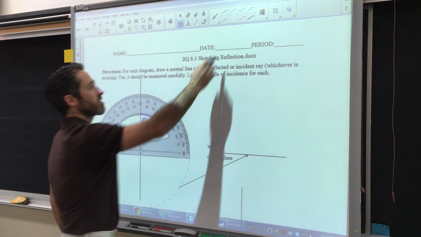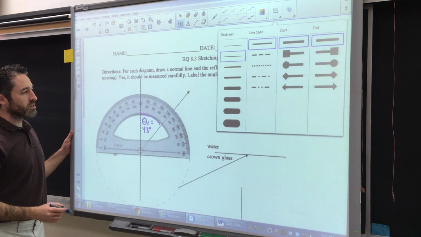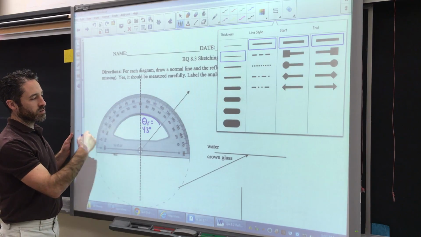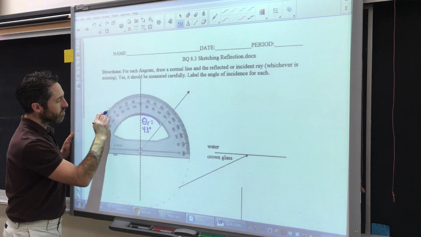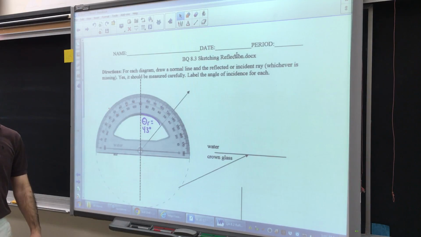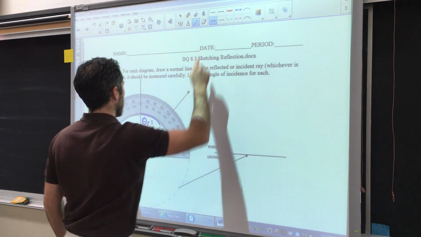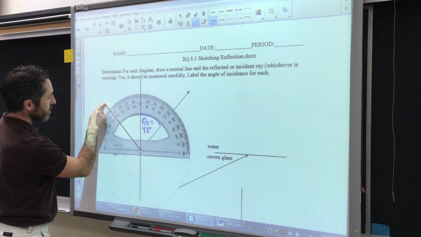The angle of incidence then, following the law of reflection, will also be 43 degrees. If it's reflecting within water, well then it started in water. It started on the other side of the normal. 10, 20, 30, 40, 1, 2, 3 degrees away. I don't have to turn my protractor, but you do. So, let's put one of these in here. This is an incident ray.